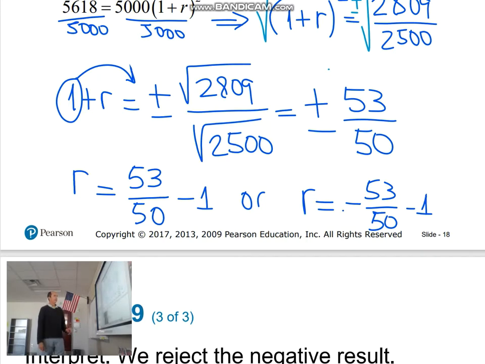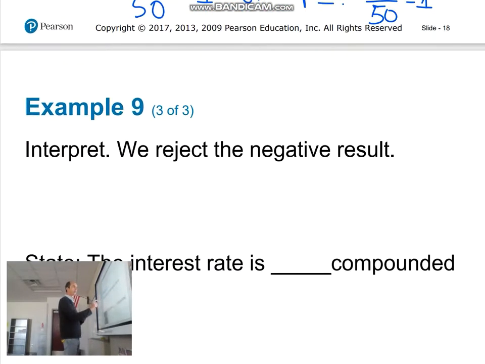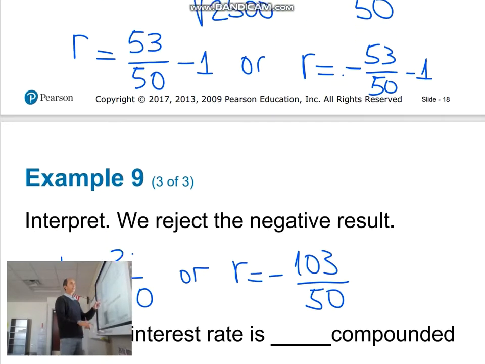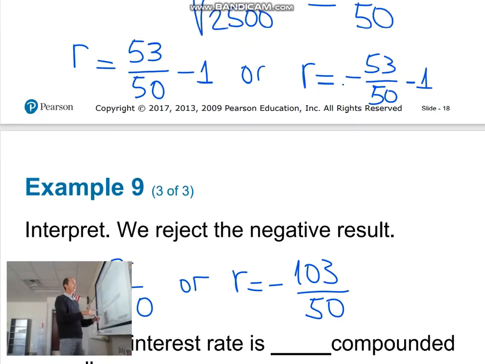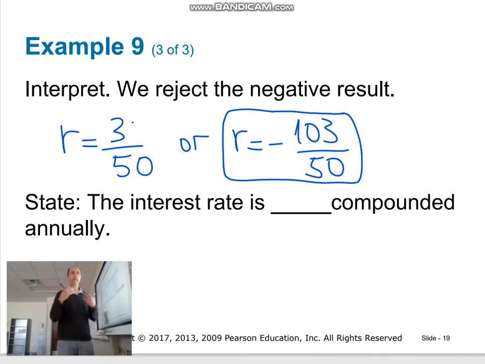We're going to have two solutions: r equals 3 over 50, or r equals negative 103 over 50. After you simplify this, that's the solution you're going to find. But there's a situation, because the rate is interest that you are earning, interest that is being paid into your account.